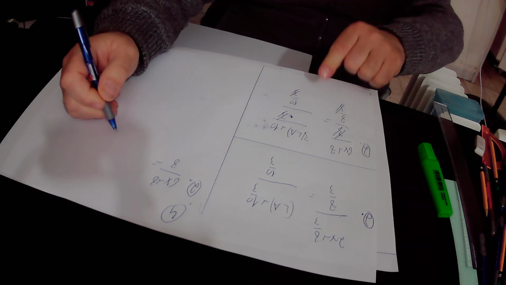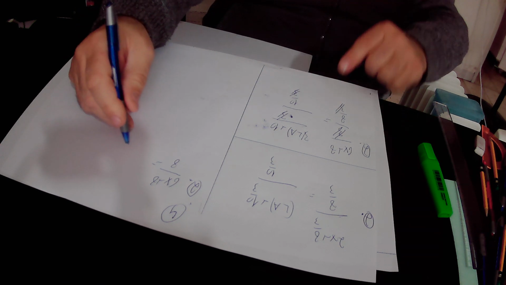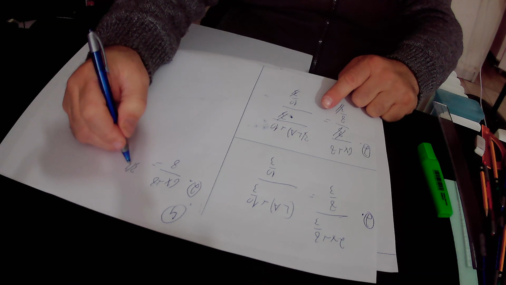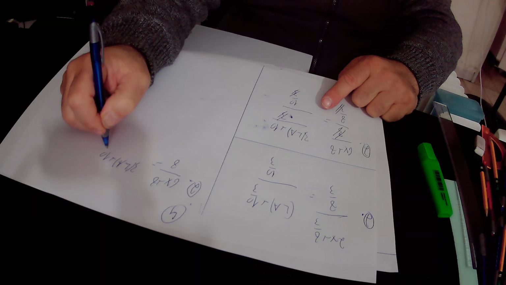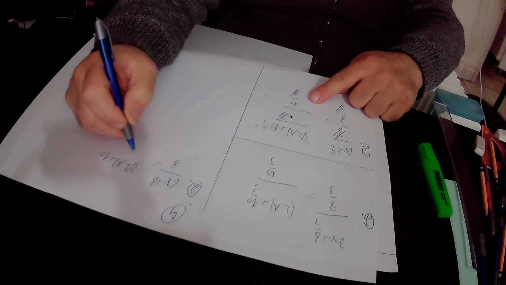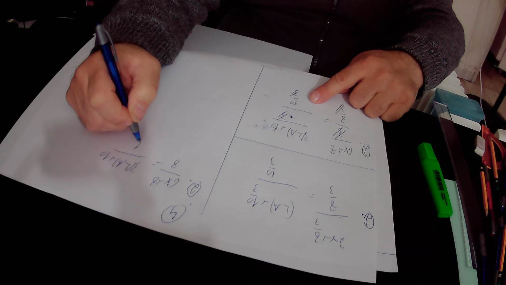That equals, on the other side of equation 2, we are left only with (3LA + 10) divided by 10.